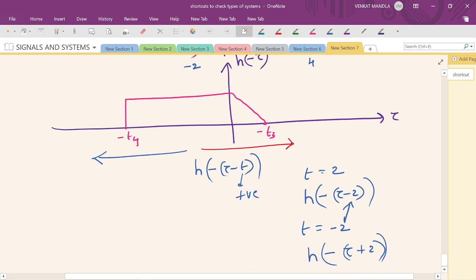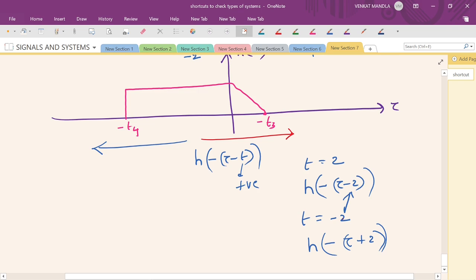If t is negative, here t equal to minus 2, h of minus tau plus 2 means this is advance. If you do advance, the signal moves towards left side. If you do delay, that is t positive, here tau minus t, tau minus 2 means you have to shift this entire signal 2 units to the right side. So the signal moves towards right side.